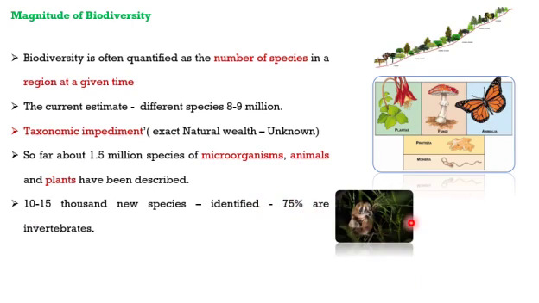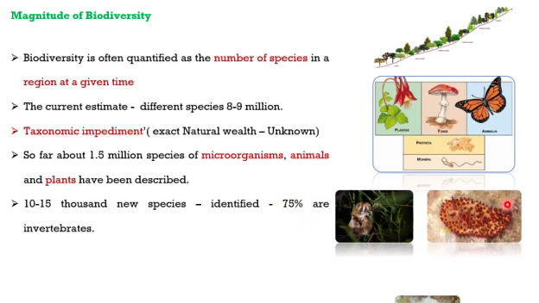For example, in 2019, a new species of slow loris was identified and documented. And of the invertebrates, most of them are from the marine environment. For example, the sea slug is from the marine environment. It is an invertebrate. The common name of this species is sea slugs.